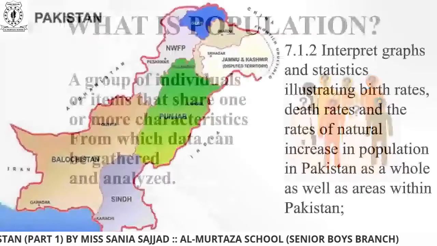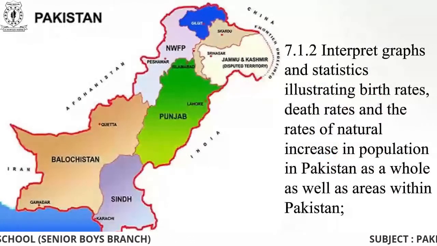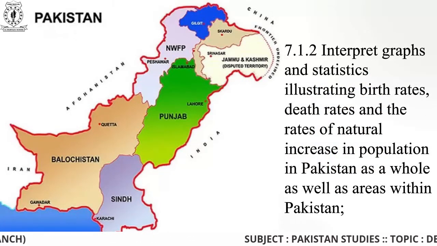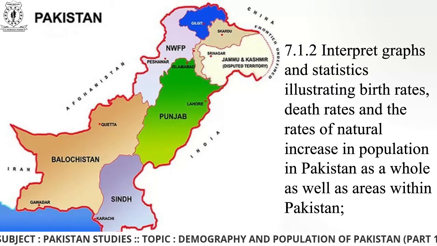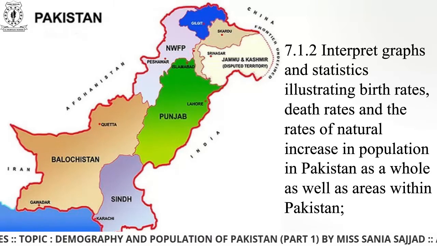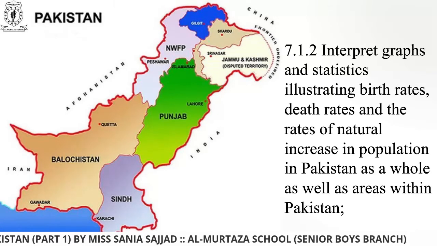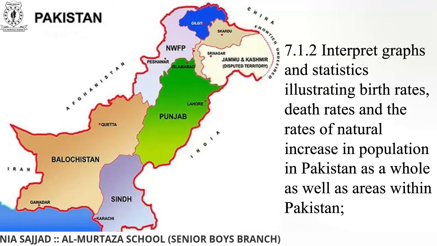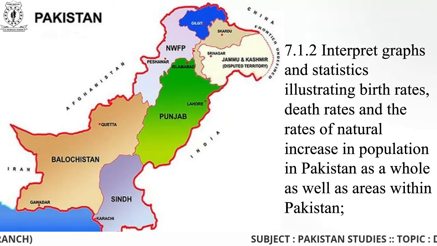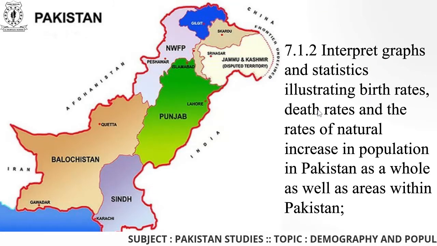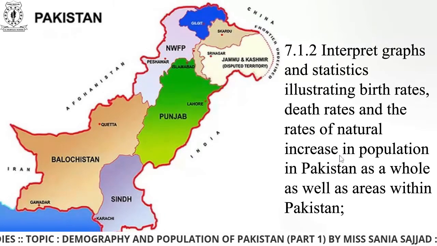Now, according to SLO 7.1.2, interpret graphs and statistics illustrating birth rates, death rates, and the rates of natural increase in population in Pakistan as a whole, as well as areas within Pakistan. It means you have to interpret graphs and statistics, meaning calculations illustrating birth rate, death rate, and rates of natural increase in population in Pakistan.